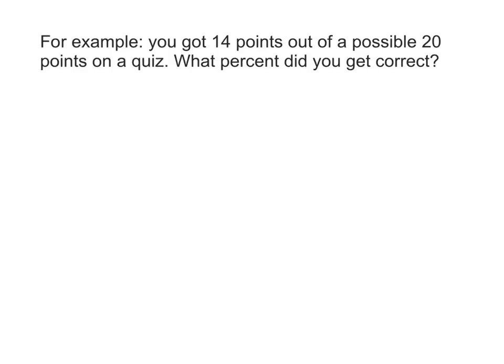What information did they give us? We know that we got 14 points out of 20 points. So in case you're not realizing this, the whole, what was the most number of points you could get? That was 20. That's our whole. That's our of. Then how many out of 20 did you get?